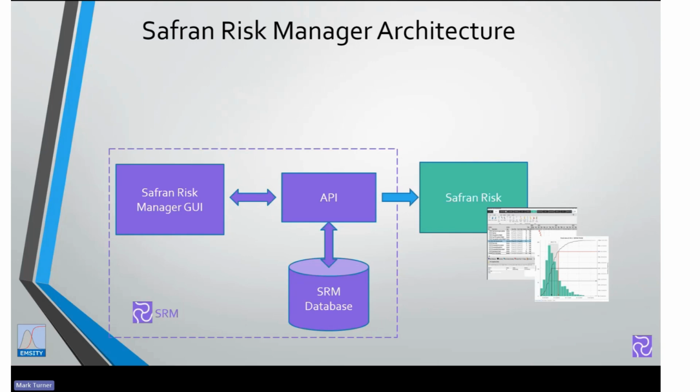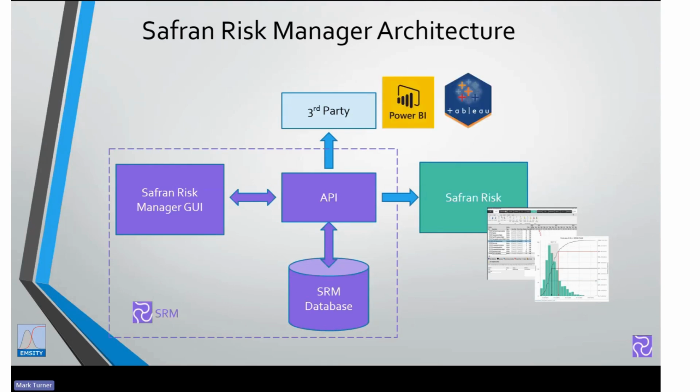But not only do we stop at Safran Risk, we can also enable the tool to be accessed by third parties, which means we can have the ability to do, for example, Power BI or Tableau for more visualizations and reporting capabilities. So this whole architecture means that we're not just dealing with Safran Risk Manager as a single standalone component, but it becomes part of the ecosystem within which risk management forms a significant and vital component.